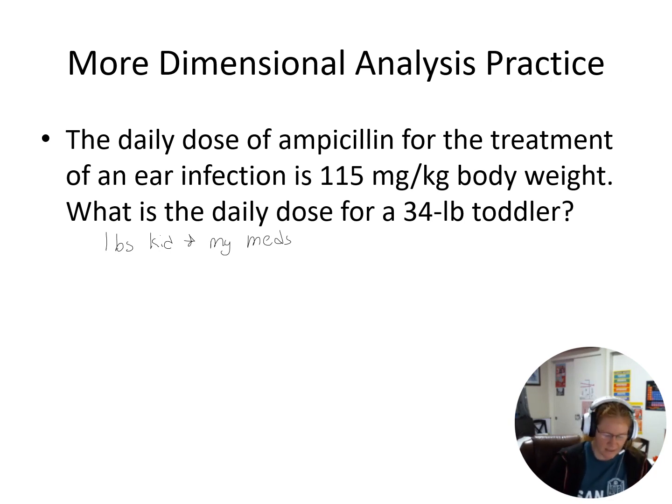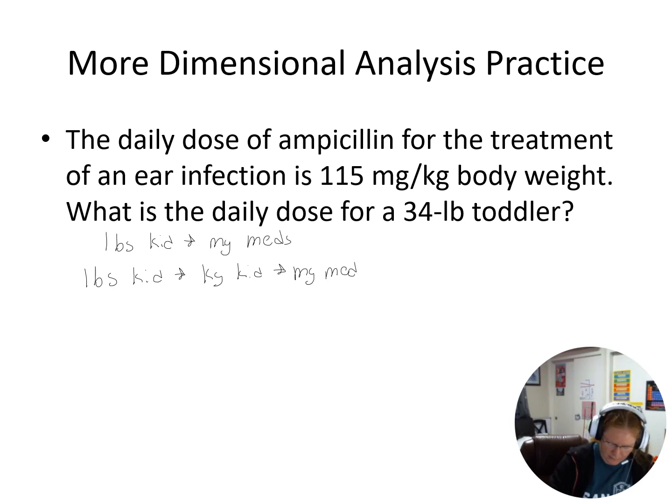Okay, so we're going to go from pounds of kid to kilograms of kid to our milligrams of meds. Because our conversion, we have milligrams of meds for every kilogram that the person weighs. Okay?